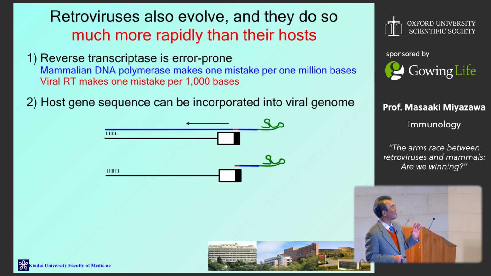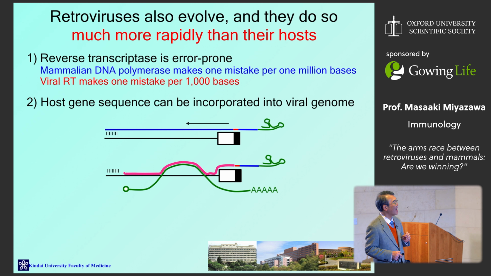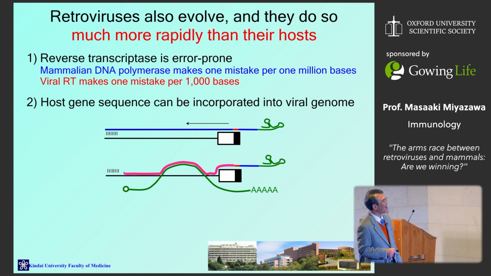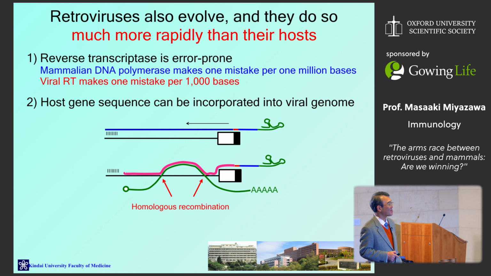So during the process of reverse transcription, if there's a host cell RNA that has some homology to the viral genomic sequence, the reverse transcriptase can produce a minus sense DNA strand from the viral sequence, and at the point of homology can switch the lane from viral RNA to cellular messenger RNA, and then go back to the viral RNA sequence through the process of homologous recombination.